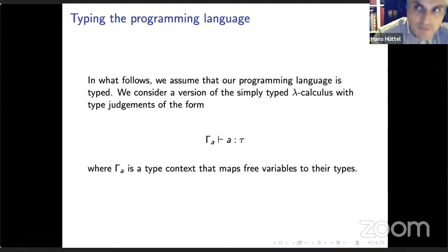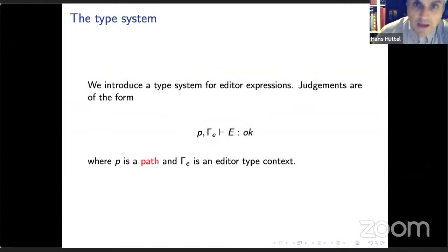It's the usual simply typed lambda calculus with function types. We also need a type system for editor expressions, and once we have that, we can type configurations consisting of abstract syntax trees and editor expressions.